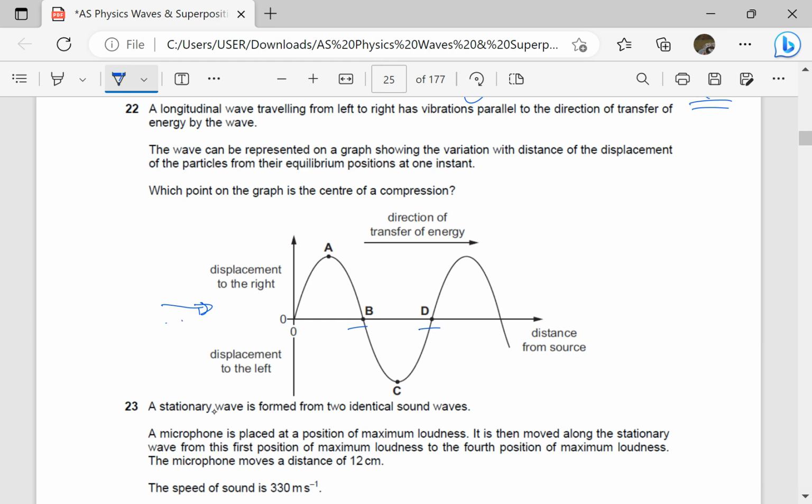This point here is nearer the left-hand side where the wave is coming from, so it is under more compression, under more pressure than the other part, which is far away on the right-hand side. Therefore, the question was which point on the graph is the center of a compression? The center of a compression is going to be B, because this corresponds to a point where the pressure is maximum.